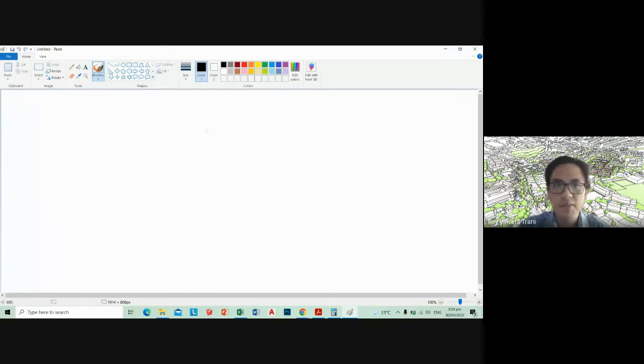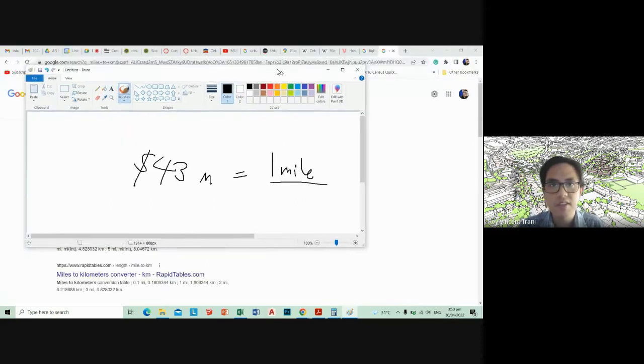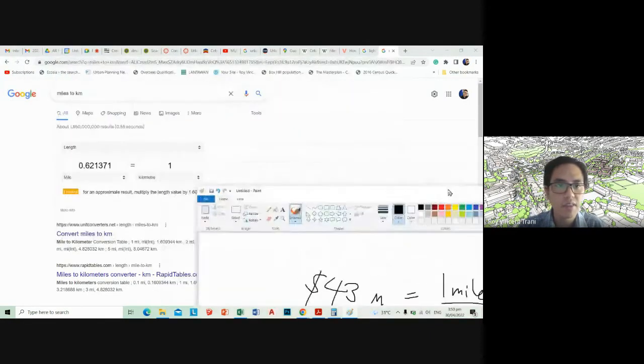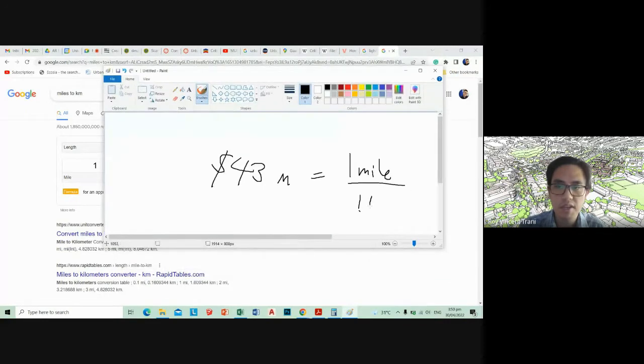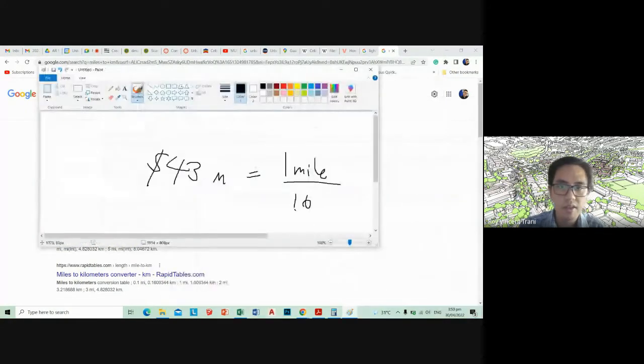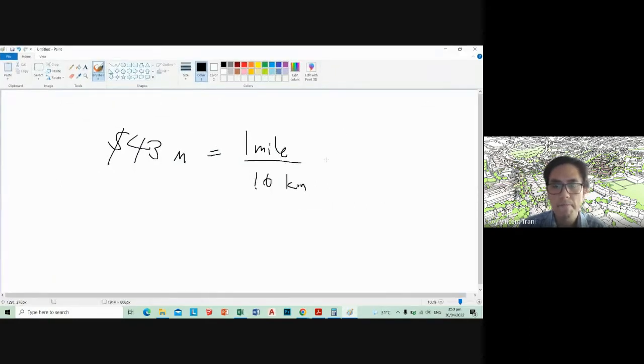So 43 million equals 1 mile, and then you need to convert the mile to kilometers. 1 mile is about 1.6 kilometers.